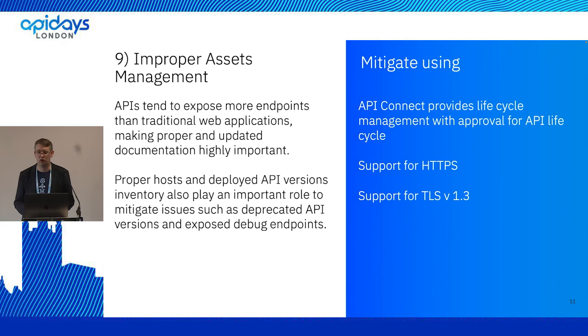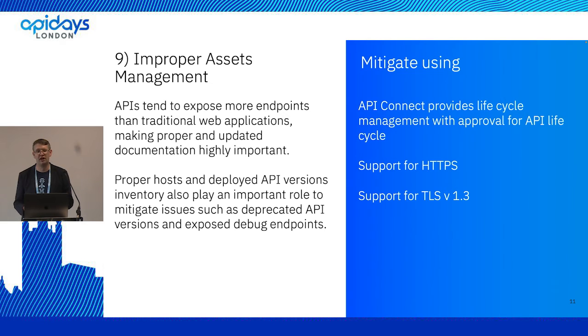So it's important to make sure that all of that is managed and controlled, and that's really where an API management platform comes in, such as API Connect, to provide that lifecycle management for the APIs, so that you've got a central place to document and define all of the API definition, and we've got lifecycle management built in to cover things like approvals.